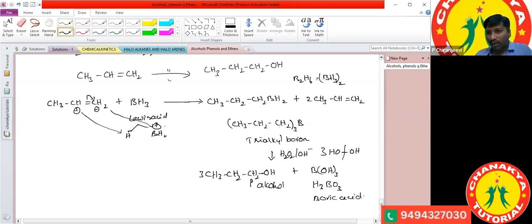Starting from what I told here, unsymmetrical alkenes react with diborane and form a primary alcohol. Okay, and the reaction follows the anti-Markovnikov rule. What is meant by the anti-Markovnikov rule?